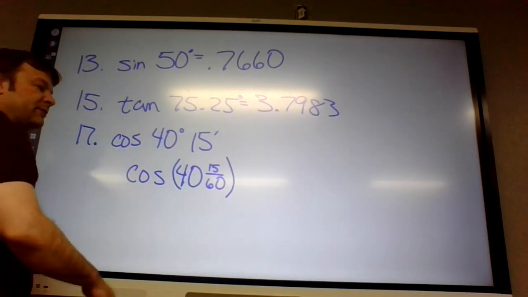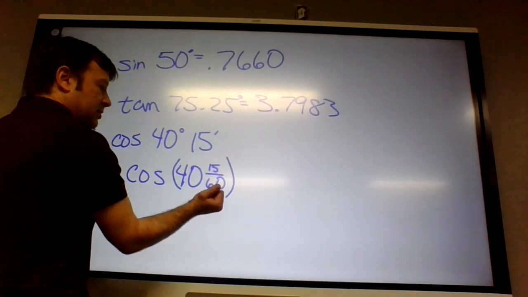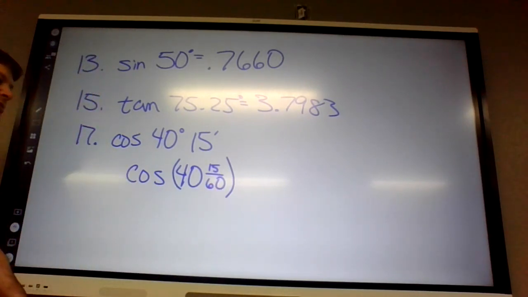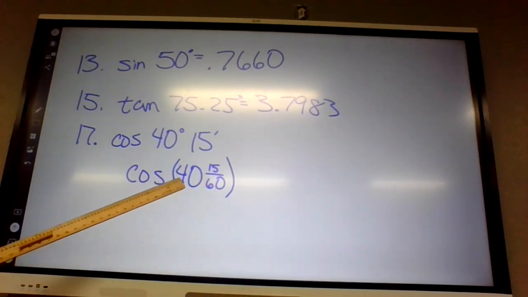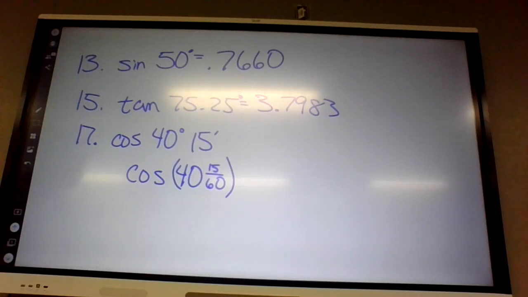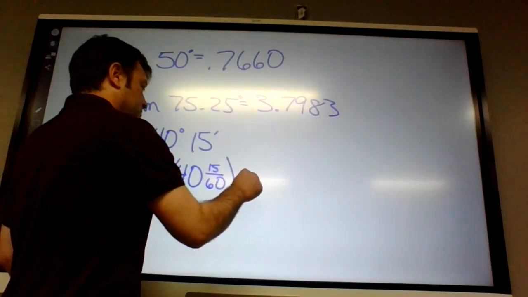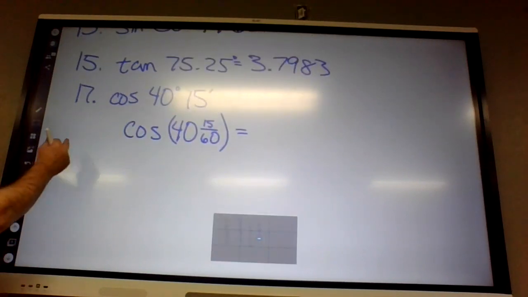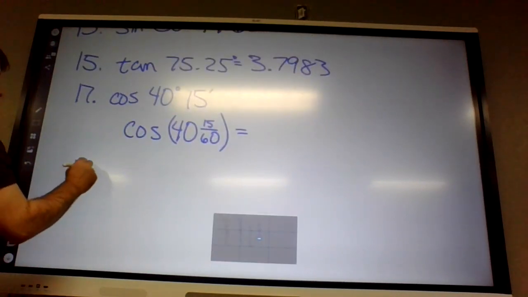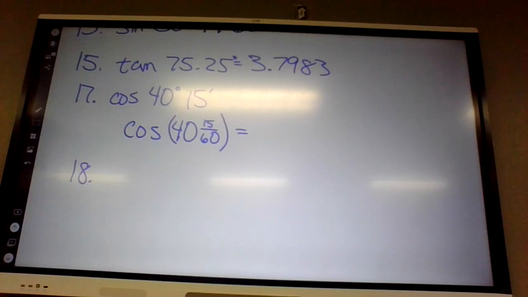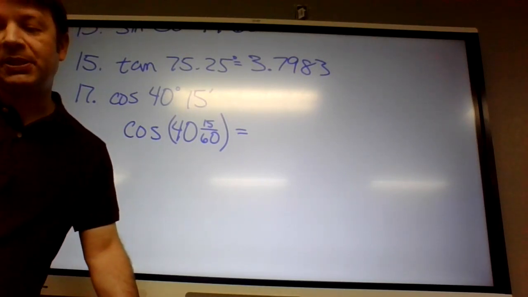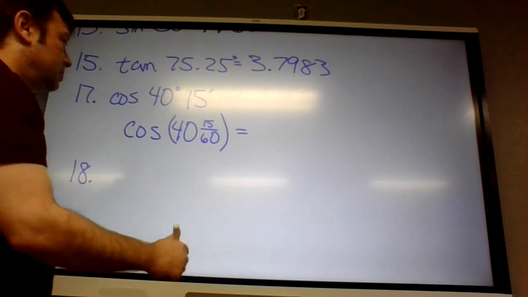Does everybody know how to put a mixed number in a calculator? If not, probably now's a good time to figure it out. So just plug that in. It should have come out as 0.7632.